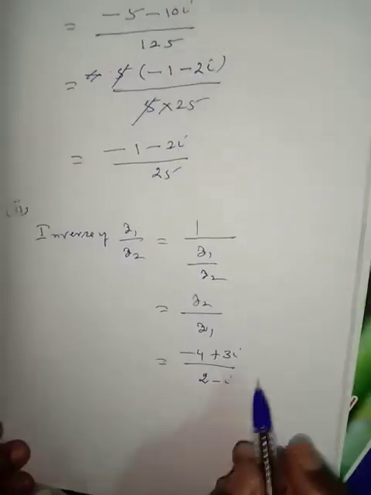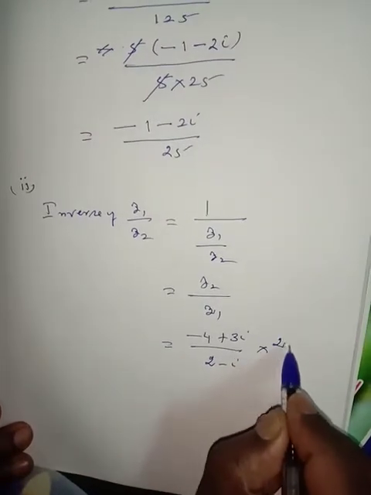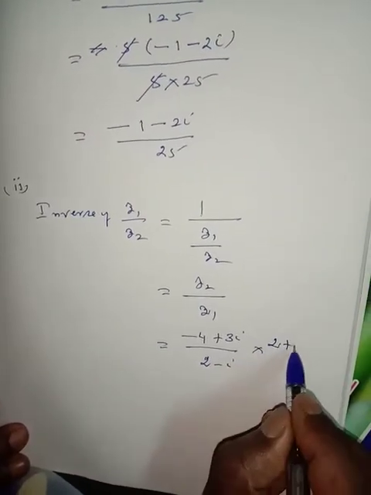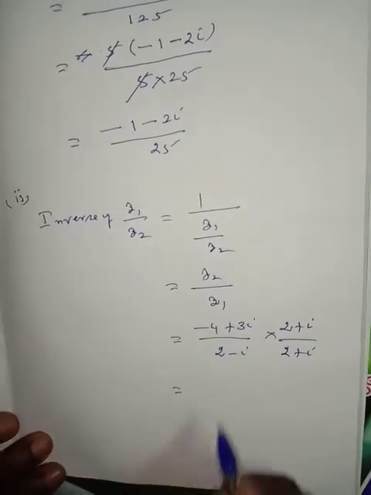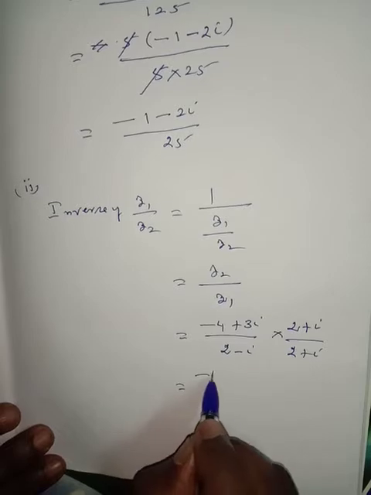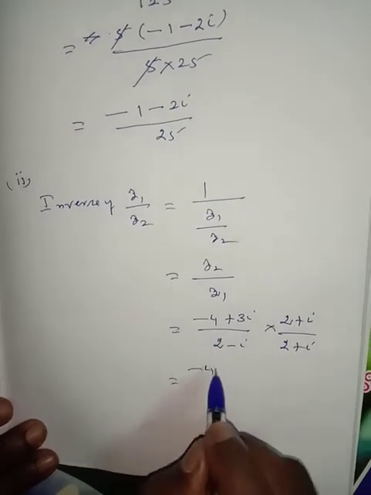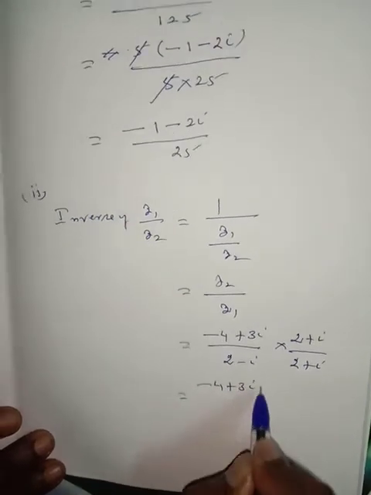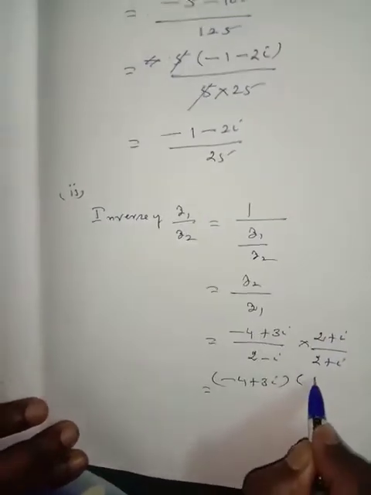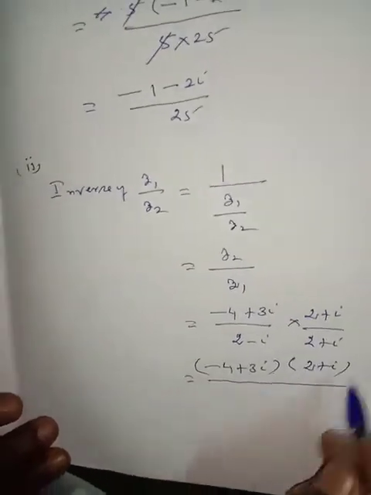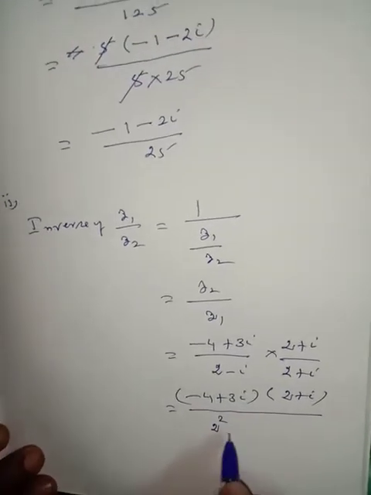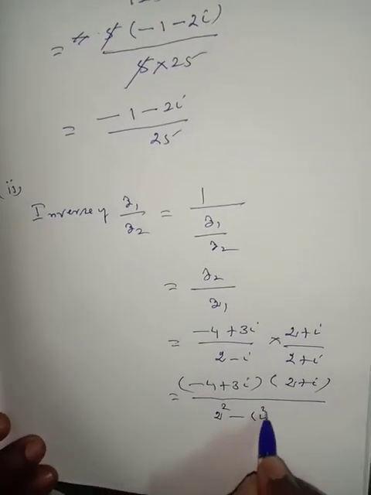Multiply numerator and denominator by the denominator's conjugate, 2 plus i. So minus 4 plus 3i into 2 plus i divided by 2 square minus i square.